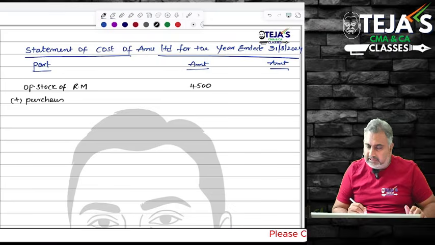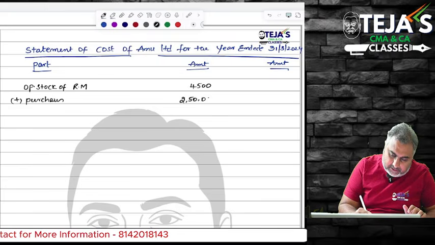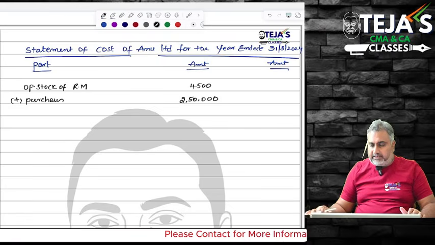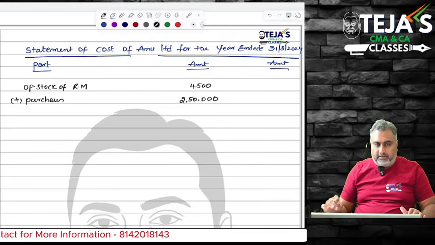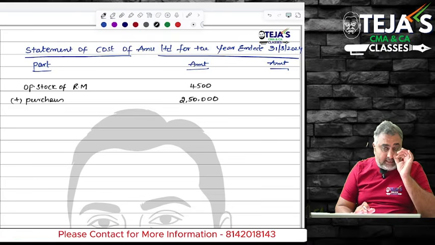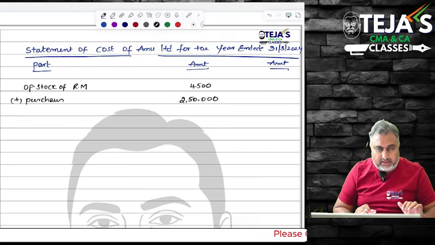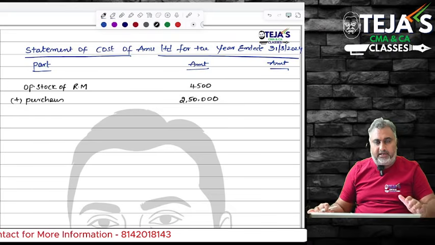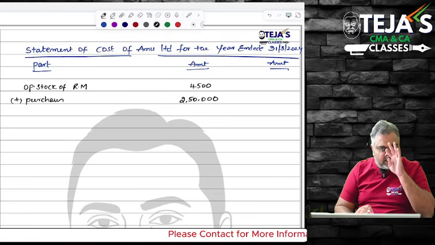How much purchases are given? 2,50,000. Correct? They said sale of scrap, just only scrap, not scrap of material. If they said scrap of material, it is adjusted with the material cost; otherwise we will adjust it before we calculate our works cost, net factory cost.